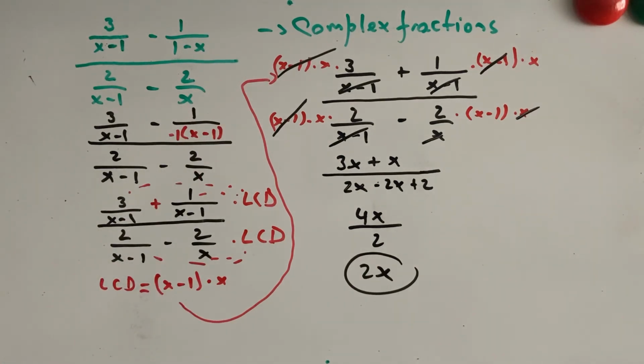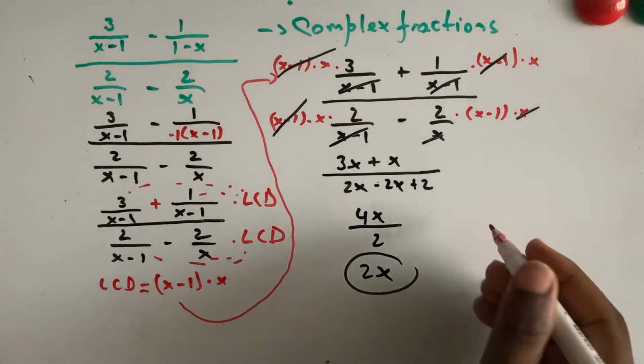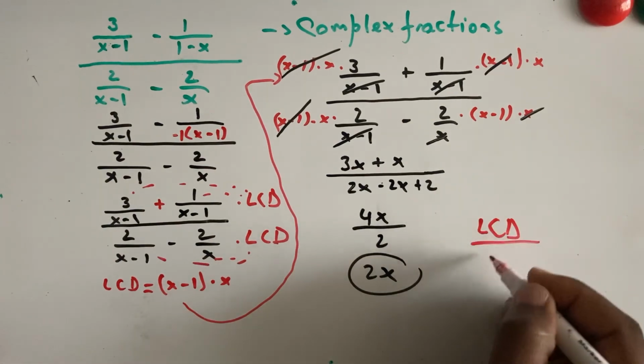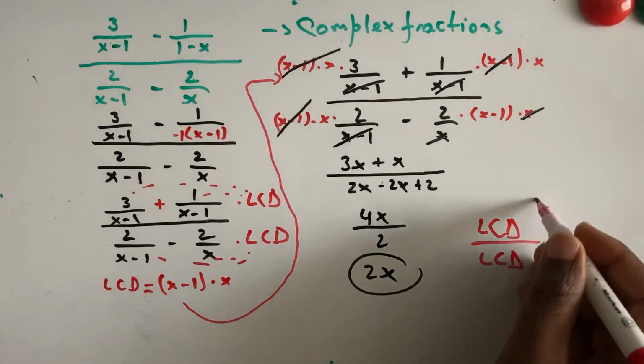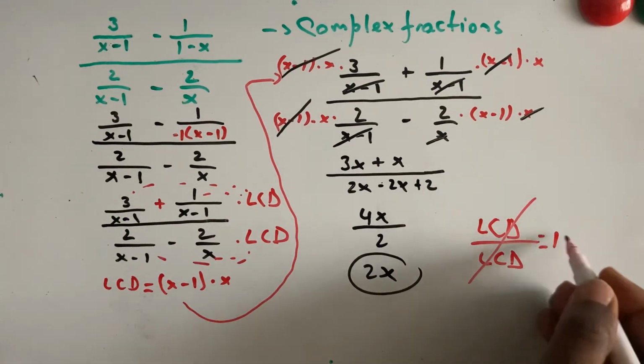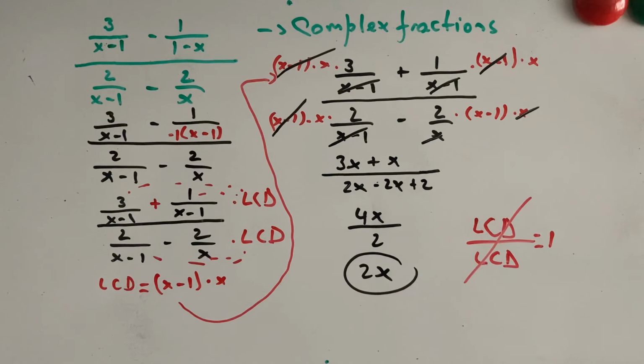It's a complex fraction. So the key here, guys, is to remember to get the LCD, and you multiply top and bottom by the LCD. Again, keeping in mind that when you multiply and divide by the same thing, it's canceled out to 1. And if you multiply anything by that number 1, it's called the identity property. 1 times anything is the same thing, okay?